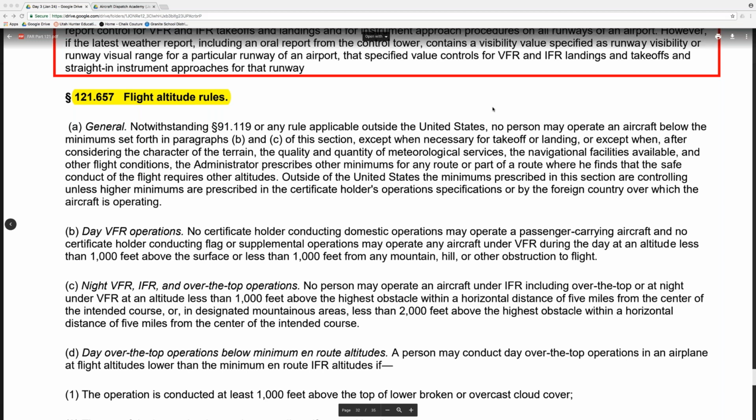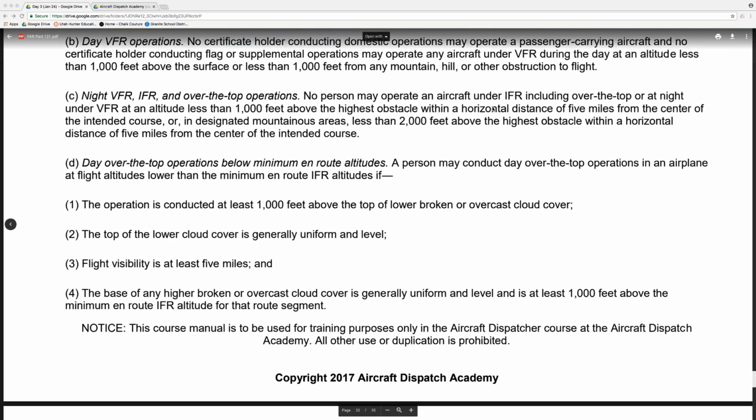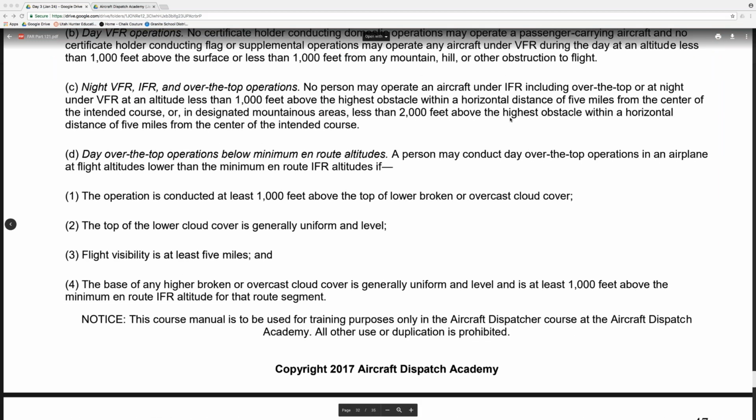And so for day VFR, even though we don't do day VFR, it's saying that under 121, we're not allowed to operate less than 1,000 feet vertically and 1,000 feet horizontally. So 1,000 feet above the ground and 1,000 feet from any mountain, hill, or obstruction to flight. Are there any questions on that so far? No, sir. Okay. So let's keep going.